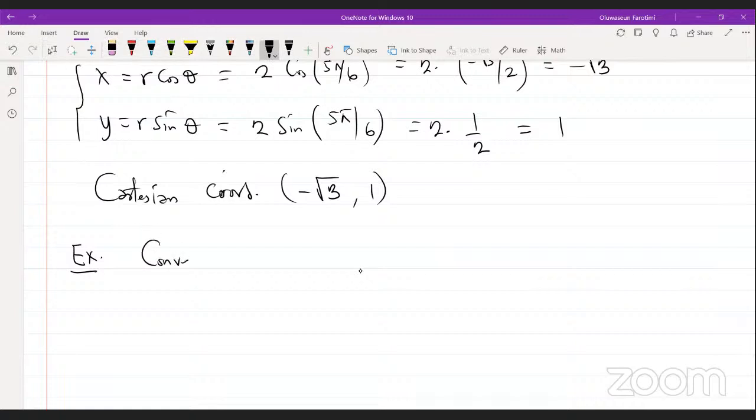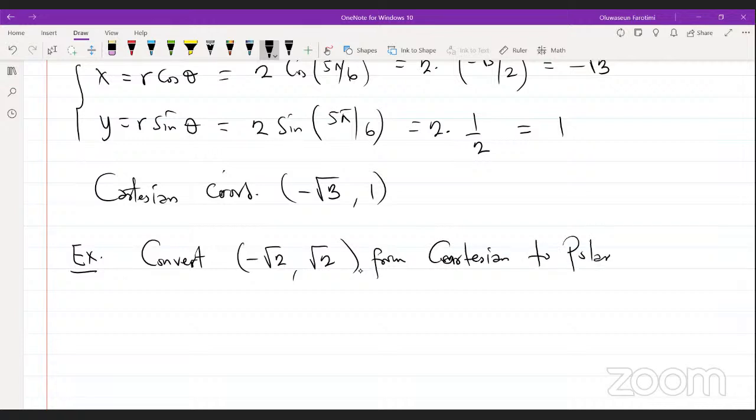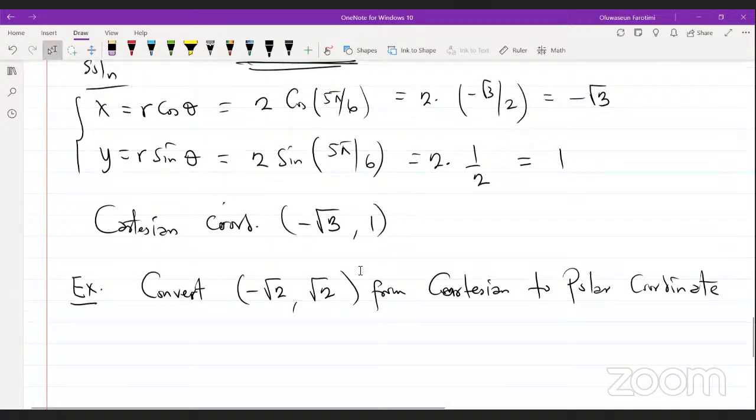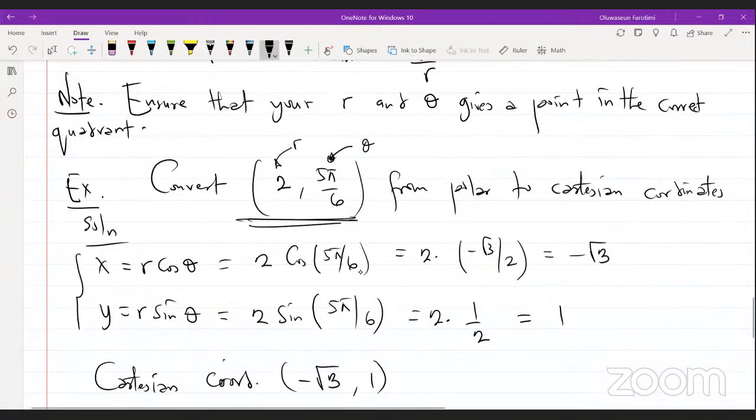Another example. Convert. Now we're going from Cartesian to polar. I need you guys to take notes, and we're going to use the notes that we had.